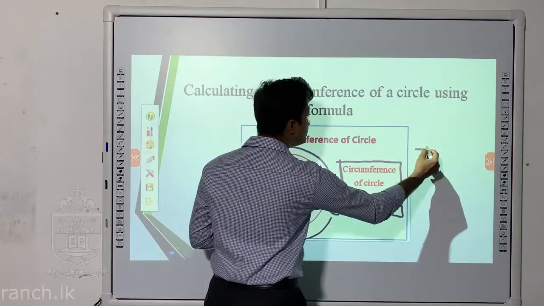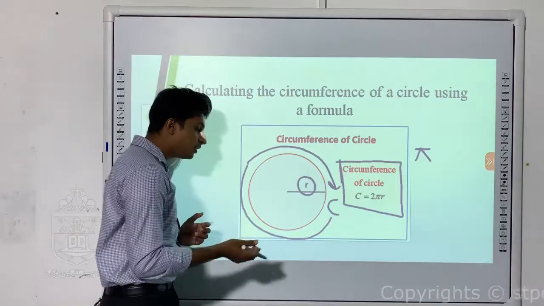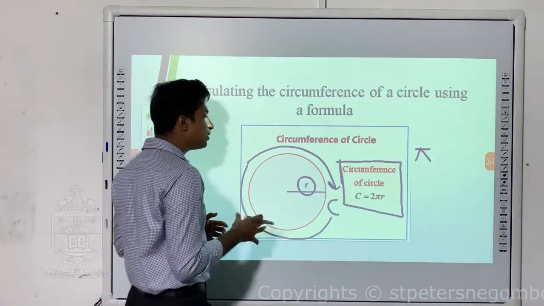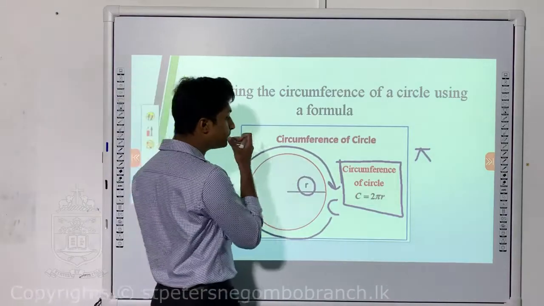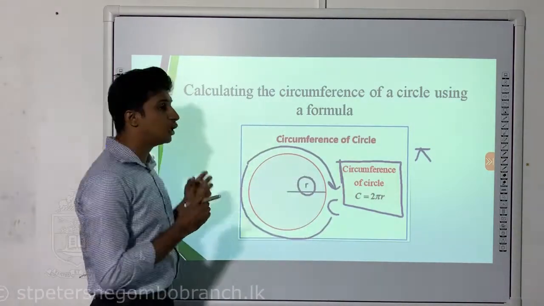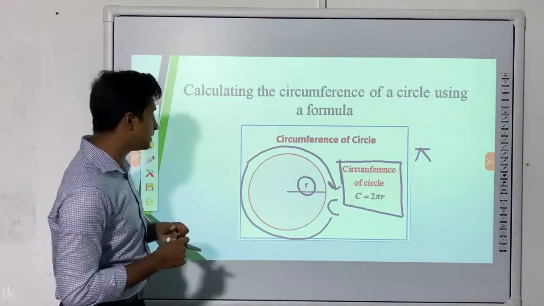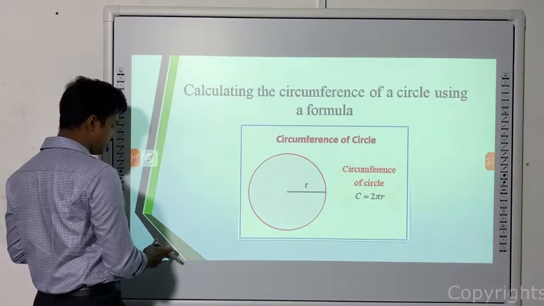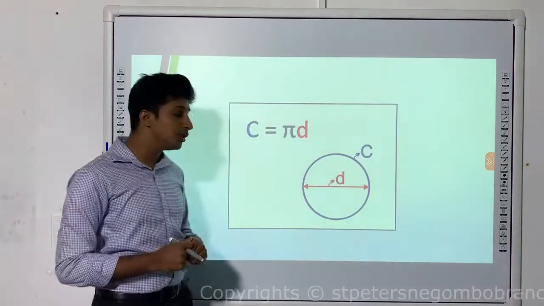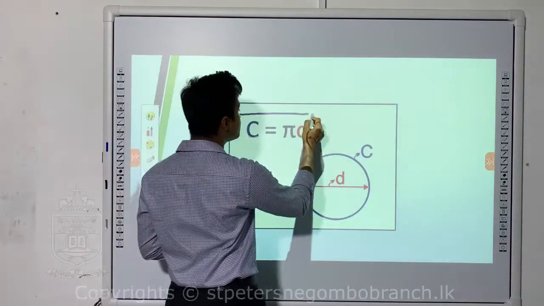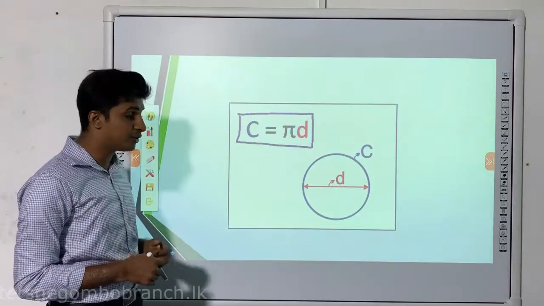I will explain the meaning of pi later, but for now understand that to calculate the circumference of a circle when the radius is given, we use the formula 2 pi r. Next, if the diameter is given, we use the formula C equals pi d to calculate the circumference of a circle.